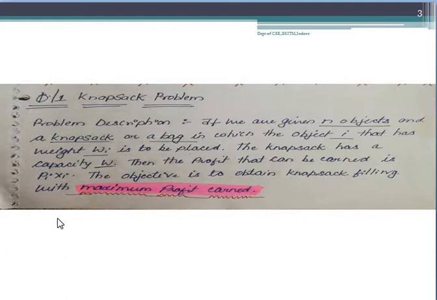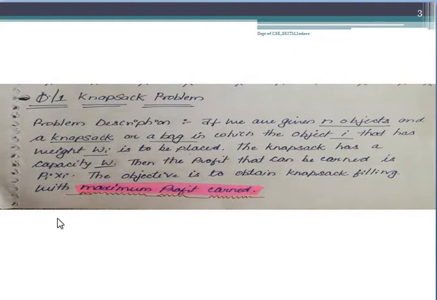So, the 0-1 knapsack problem states that we are given objects, and a knapsack is nothing but a bag or container in which the object i that has a weight Wi has to be placed.